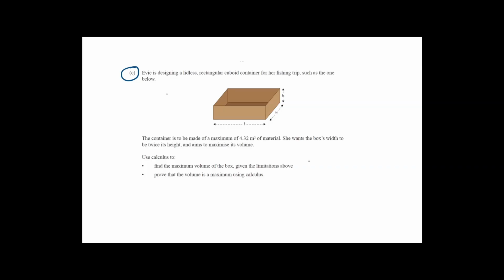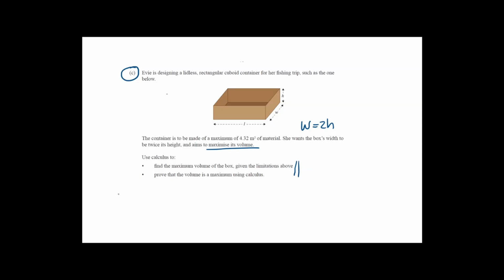Evie wants the box's width to be twice its height. So, in other words, the width is going to be 2 times the height. And she aims to maximize the volume. Find the maximum volume of the box given the limitations above. Prove that the volume is a maximum.